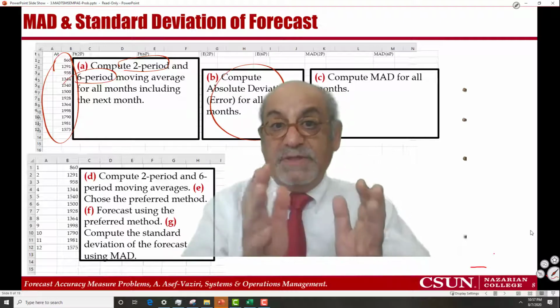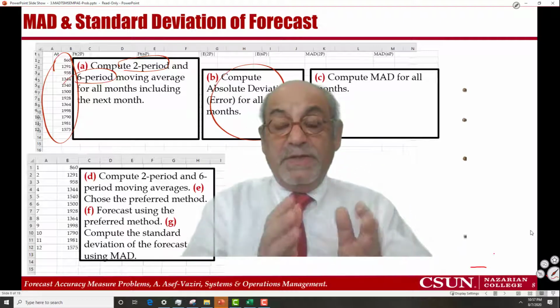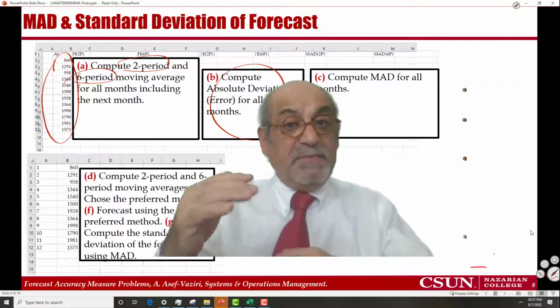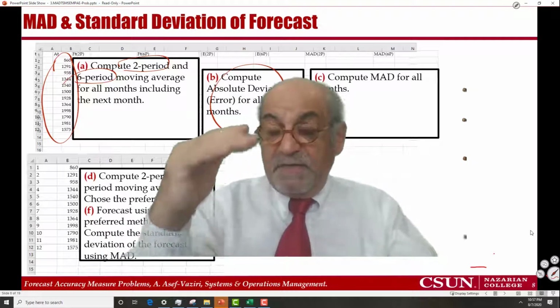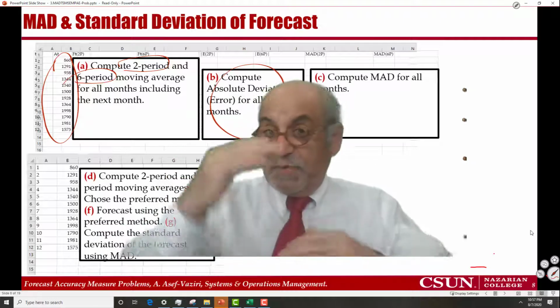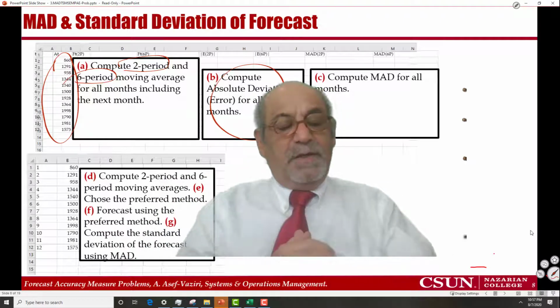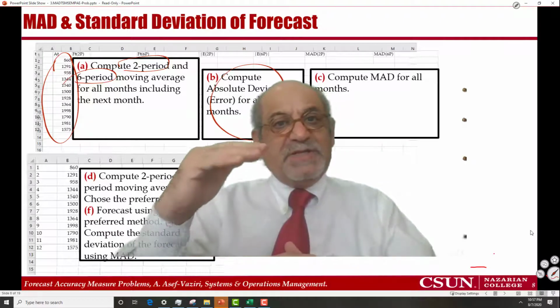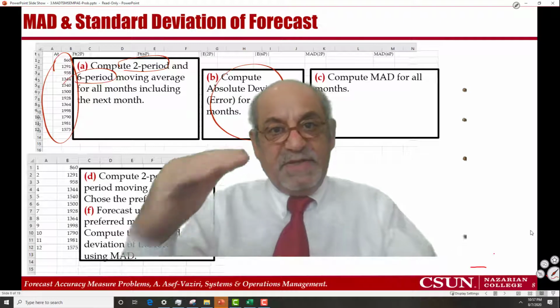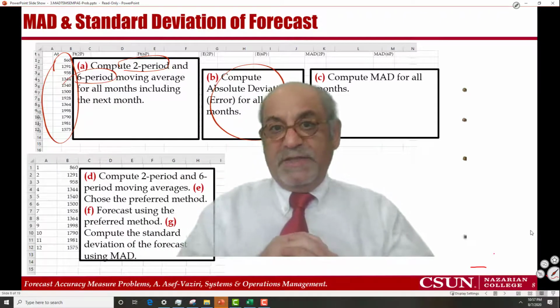Therefore, absolute error can be computed for 2-period moving average from period 3 to period 23, or year 3 to year 23. For 6-period moving average, it can be computed from period 7, year 7, to year 23.